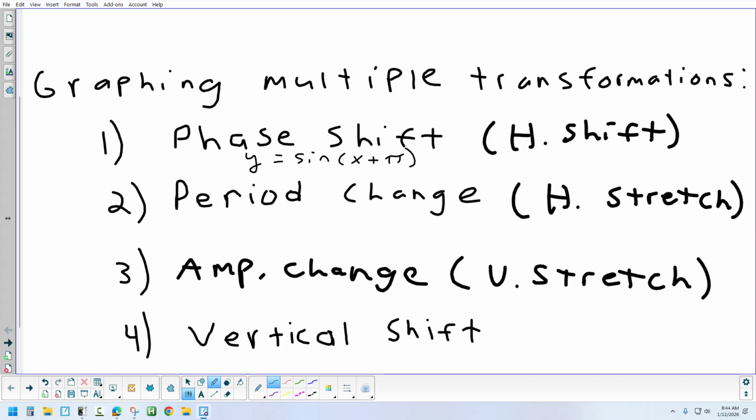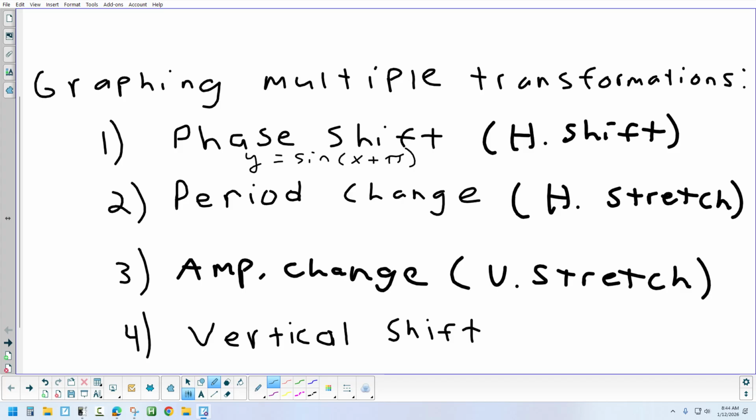Period change. That's a horizontal stretch or compression. What kind of arithmetic is involved when we do a stretch? Multiplication. So multiplication is the stretch, and it's horizontal. Would it be inside or outside? If it's a horizontal change, it would be inside.